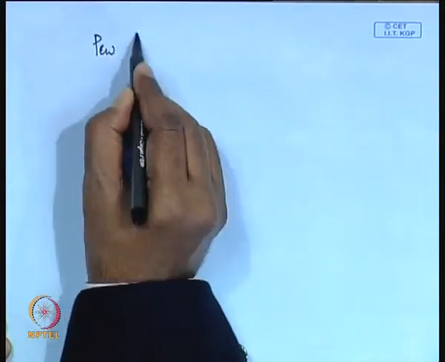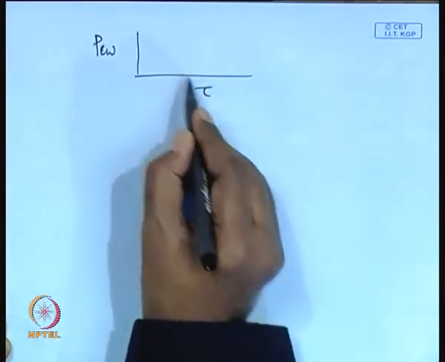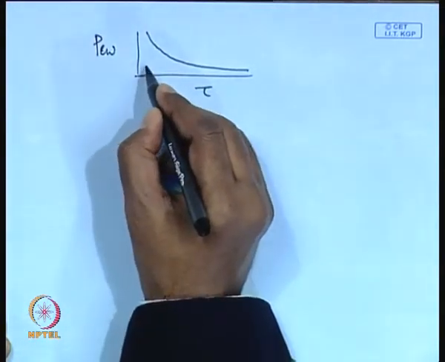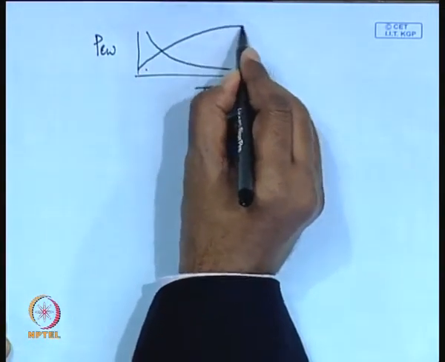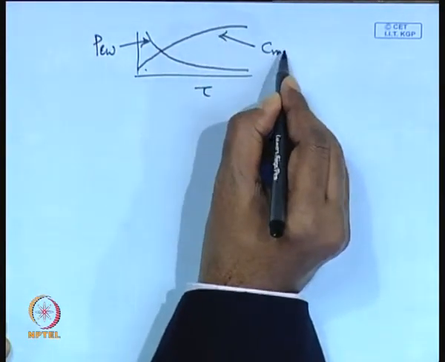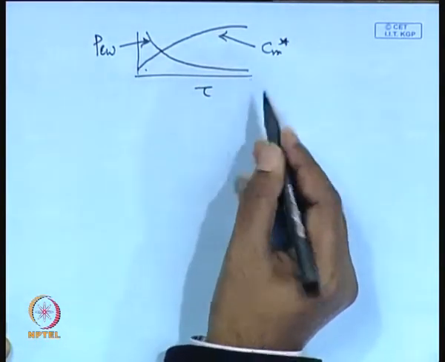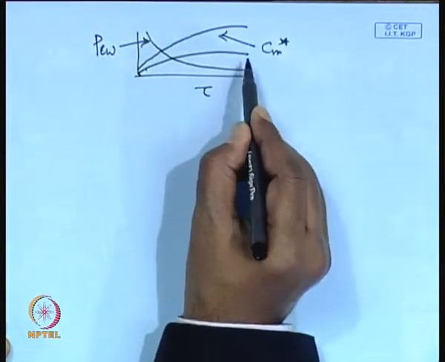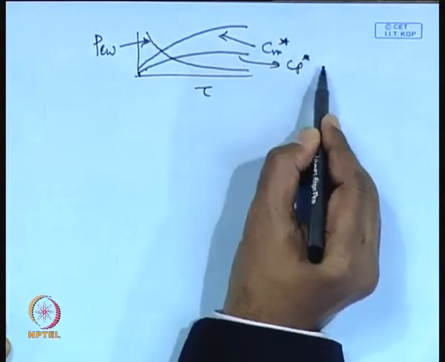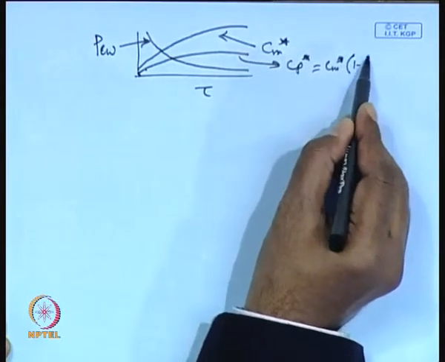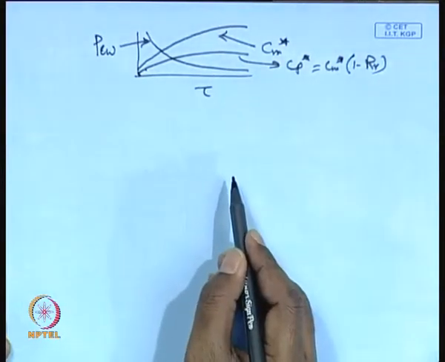So, this is Pw and this is Cm star as a function of tau. Once you know the Cm star as a function of tau, you can get a value of Cp star as a function of tau through the relationship Cp star is equal to Cm star into 1 minus real retention.